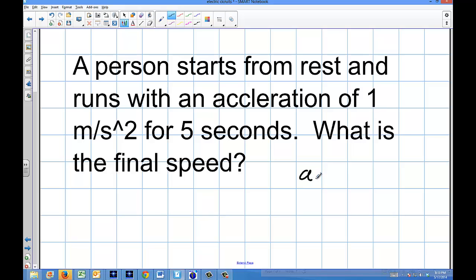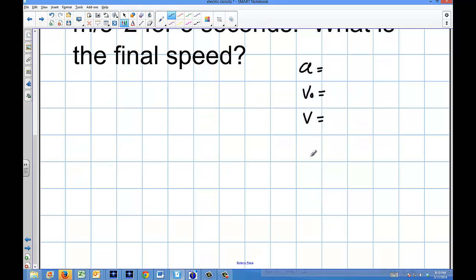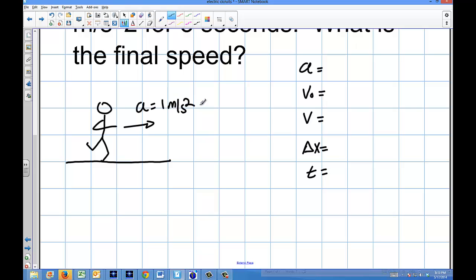I have my acceleration first here, my v initial here, my v final here, my delta x here, and my time here. And so there's a person, and they're running along and they're accelerating at 1 meter per second squared.